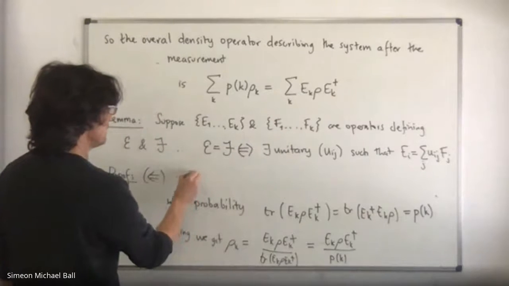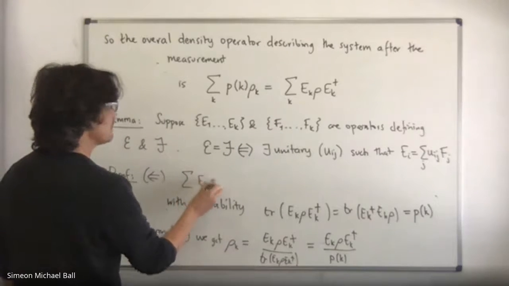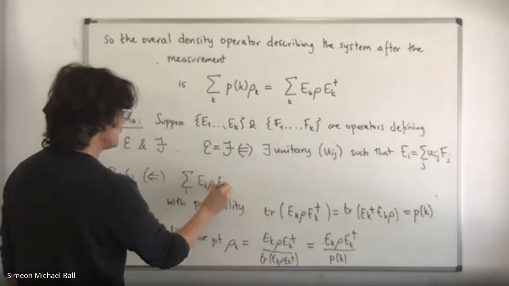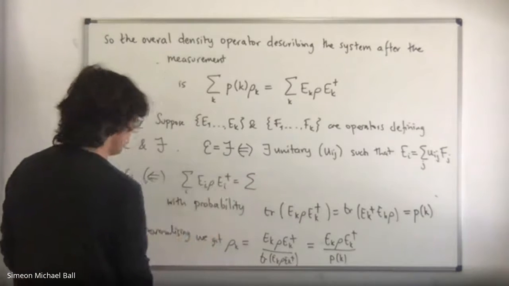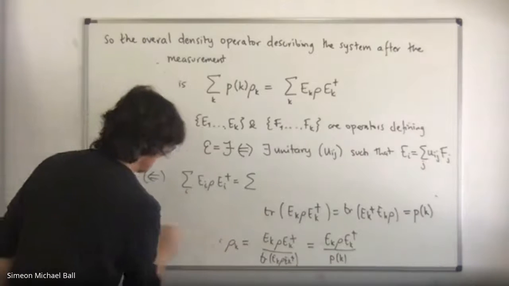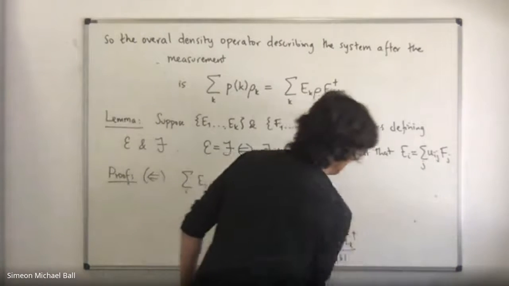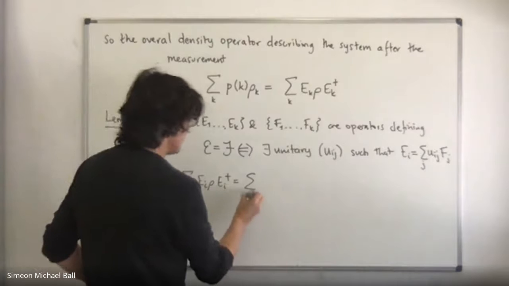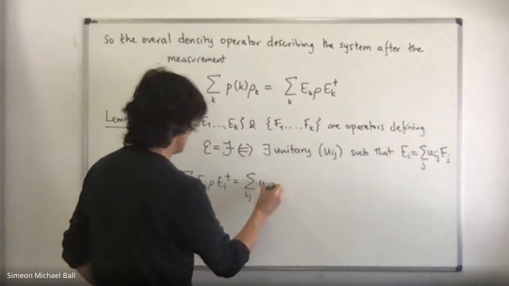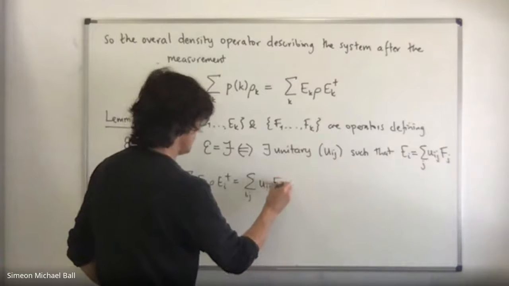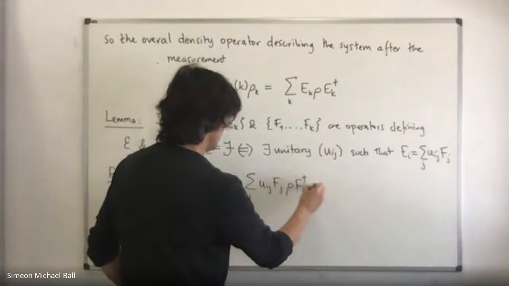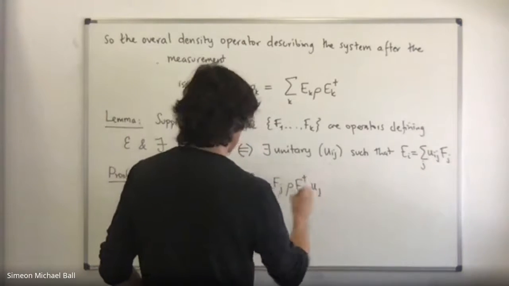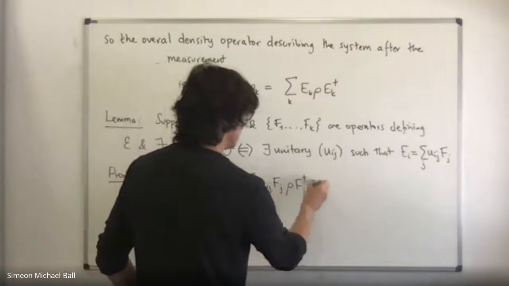So we get the sum of E_i rho E_i dagger is equal to the sum over i and j of U_ij F_j rho F_j dagger U_ij bar.